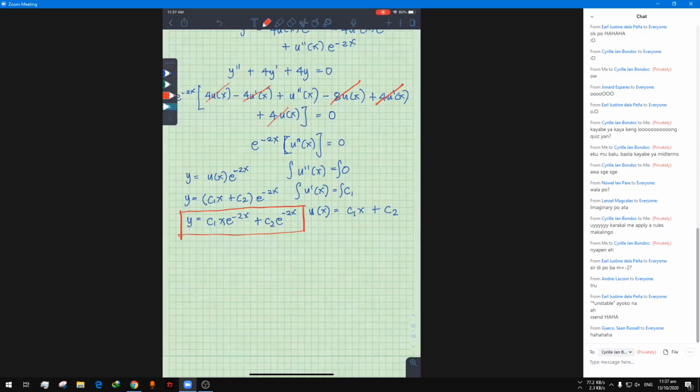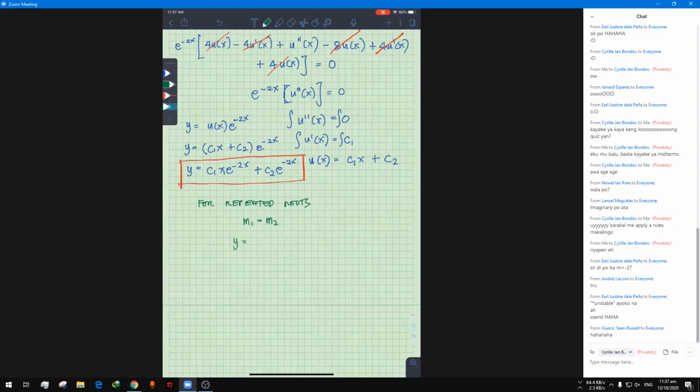So anong mapapansin nyo? For repeated roots, when m1 is equals to m2, y would be equal to c1 x e raised to m1x plus c2 e raised to m2x.